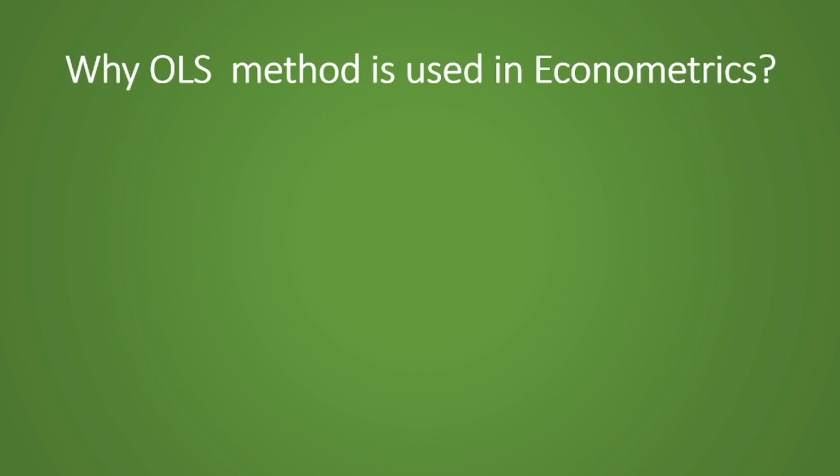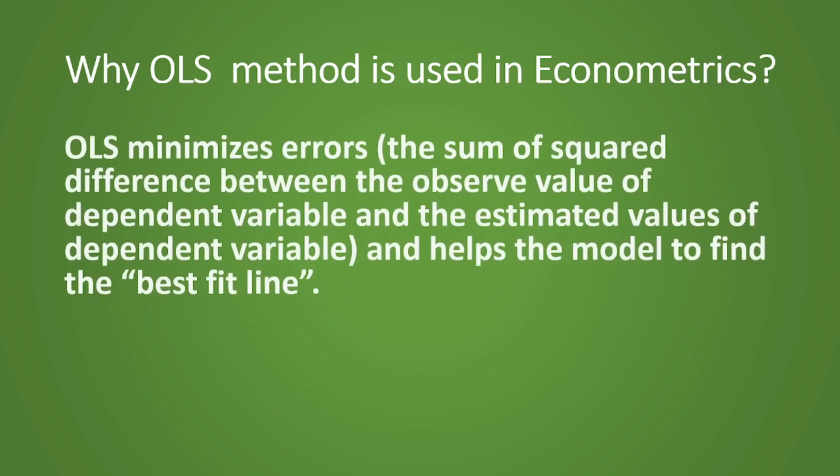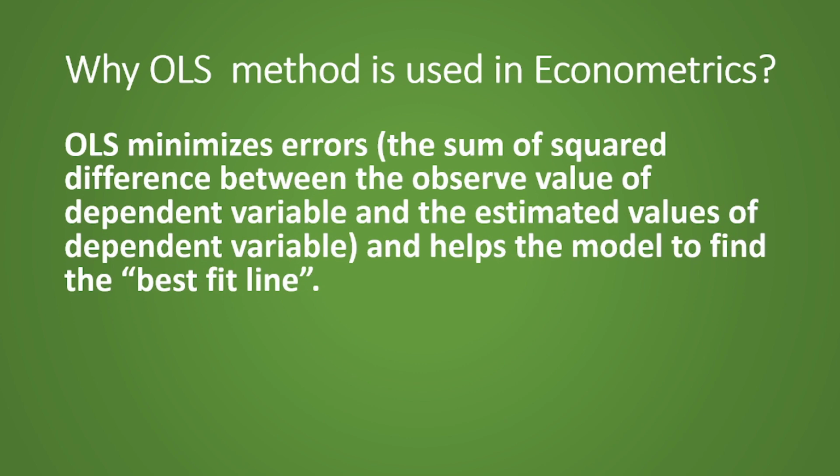Now we'll know why OLS method is used in econometrics. OLS method minimizes error. Error means the sum of square difference between the observed value of dependent variable and the estimated values of dependent variable.